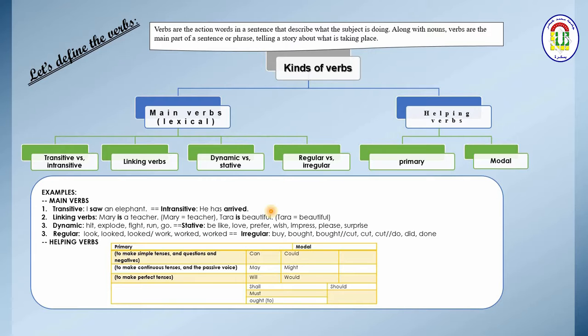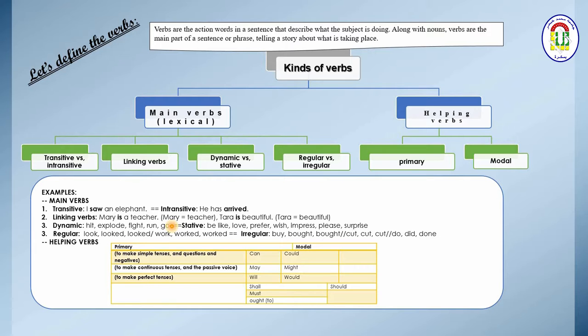So here, this is another kind of main verbs. We have a third kind of main verbs, which is normally either dynamic or stative. Dynamic: hit, explode, fight, run, and go. So here there is a certain action, and we can call it action verb also.